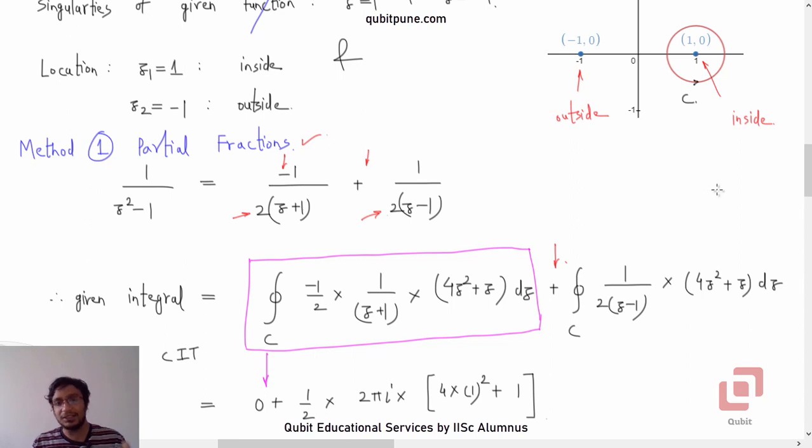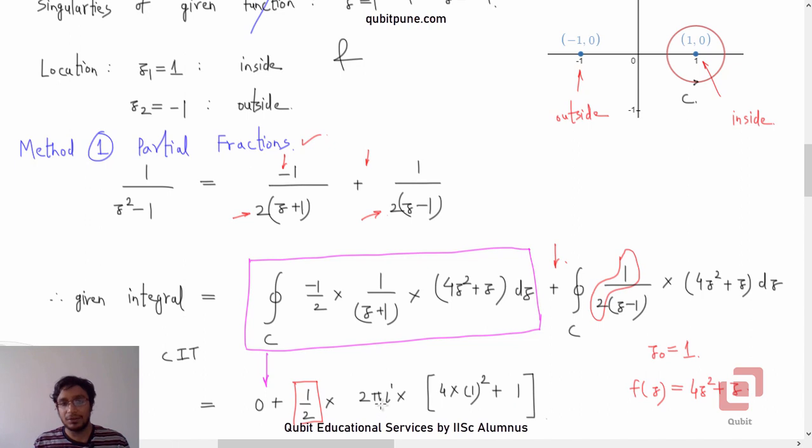Now for the second one, let's make use of the Cauchy's integral formula. First you can take this 1 upon 2 outside. Now observe that in the notations of Cauchy's integral formula, z0 is 1 and f of z is 4z squared plus z.